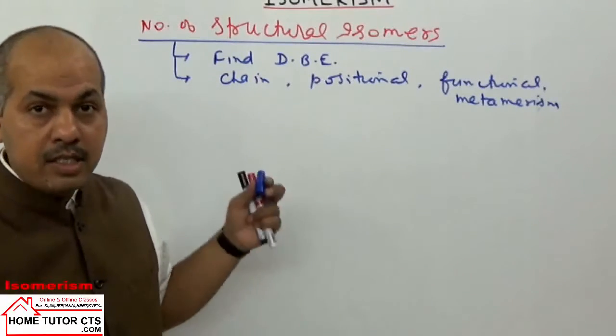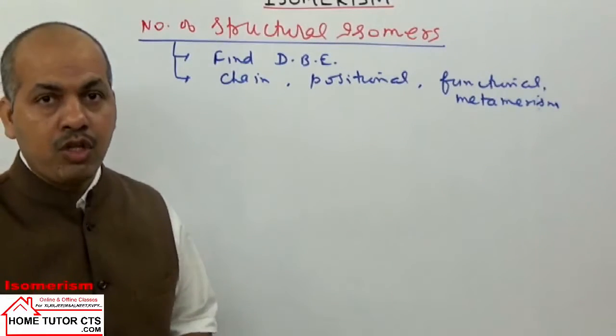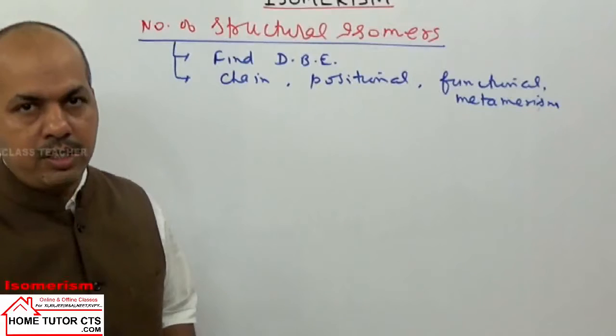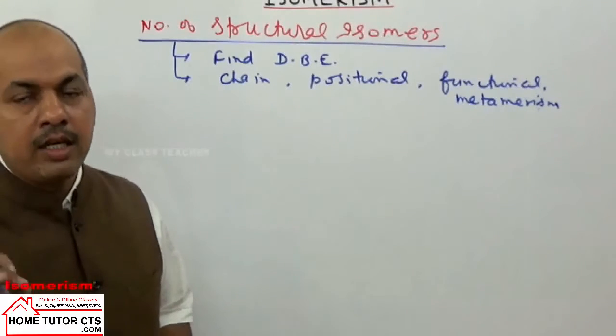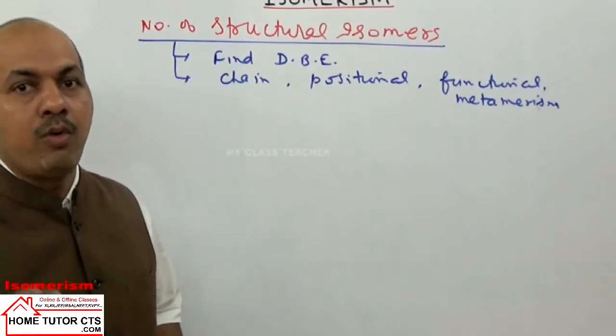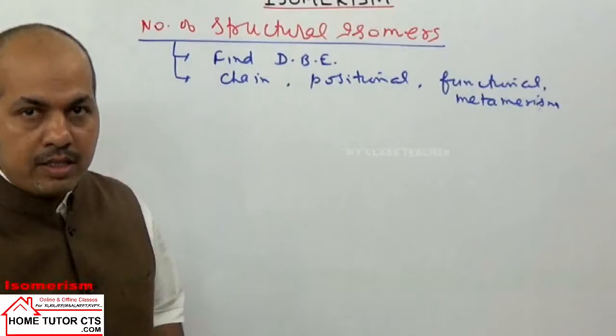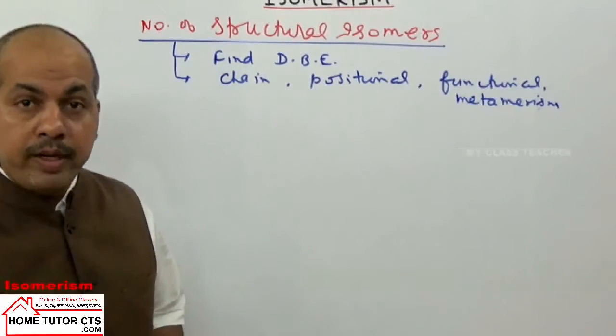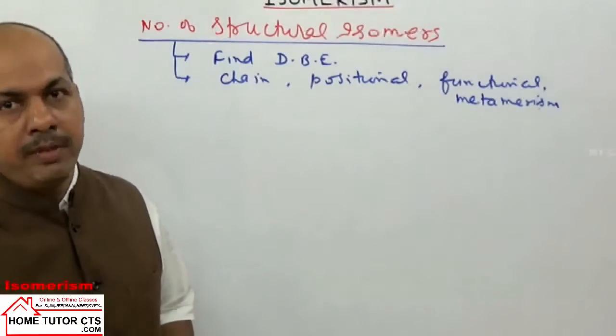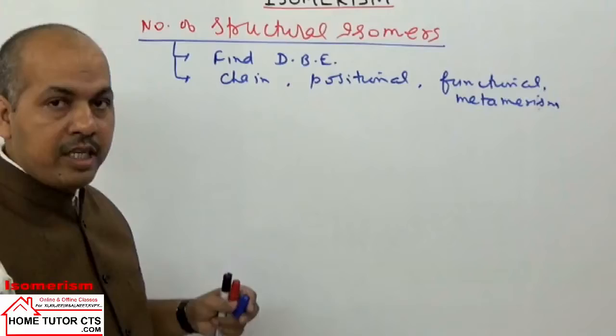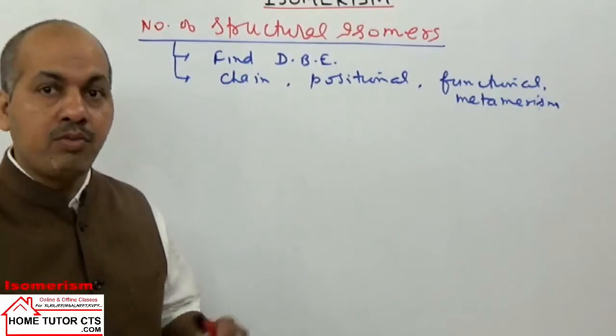But since for a compound we can draw many isomers, in exam they sometimes give limitations like how many alkenes, how many cyclic compounds, how many alcohols, how many ethers, or how many aromatic compounds. They give limitations. Let us take first without limitation, then we can take some examples with limitations.